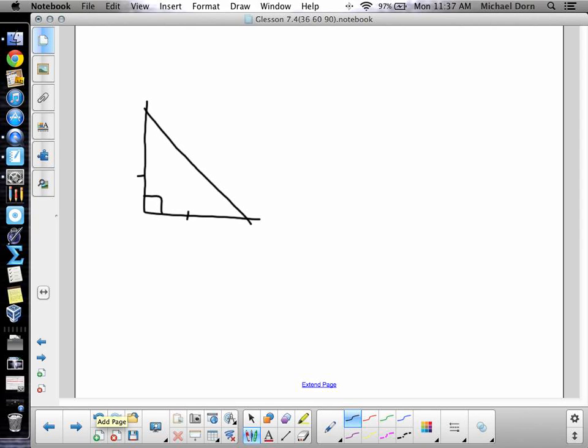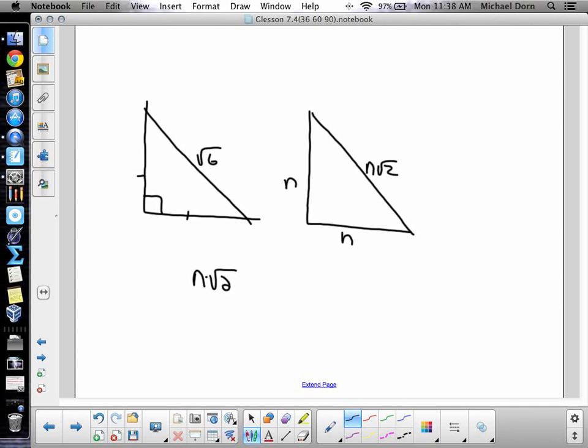Again, we knew it was isosceles, and this side is the square root of 6. My pattern triangle, again, is leg times the square root of 2. So leg times the square root of 2 is root 6. Again, we solve by dividing by the square root of 2.